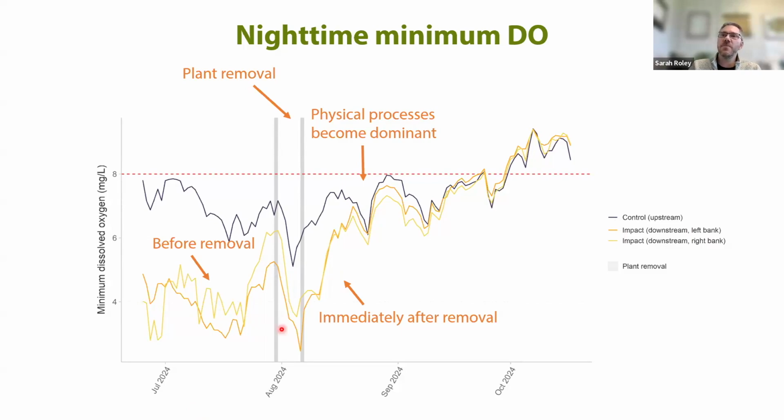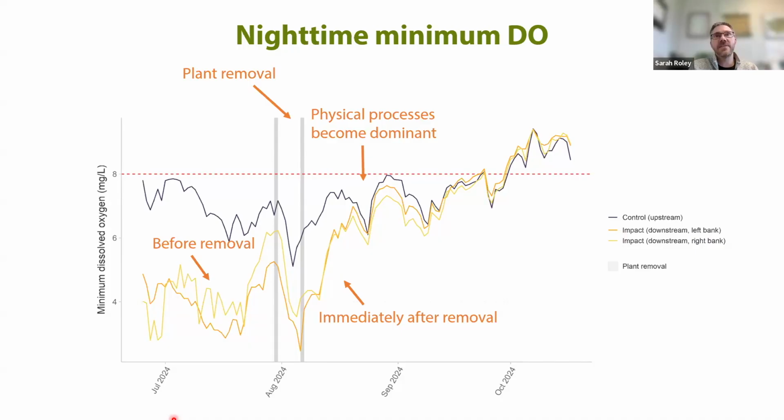Okay, we have two portions of plant removal here, which are 3 days each. And then we have our period after plant removal. And eventually there comes this point where physical processes seem to become dominant, and nighttime DO was pretty equivalent across the reach, or across all of these sensors.